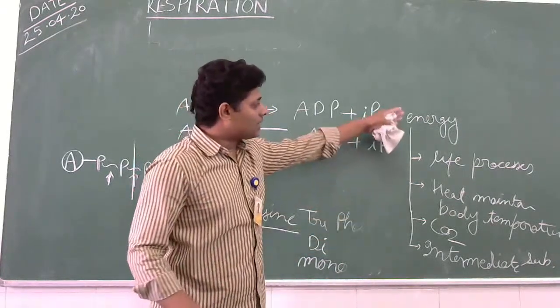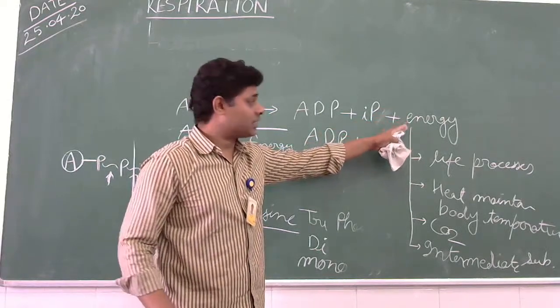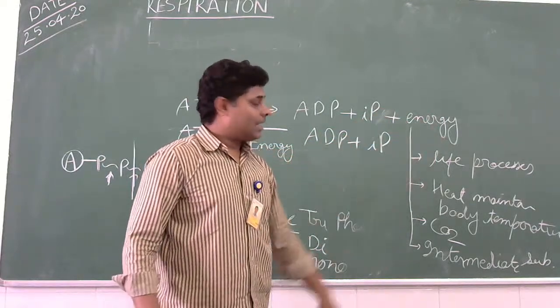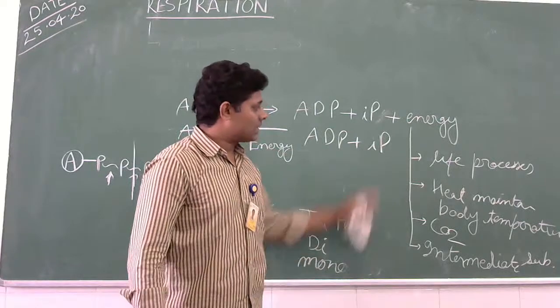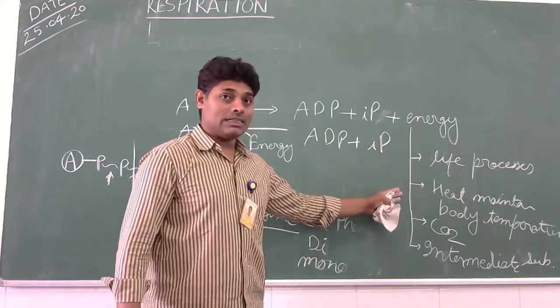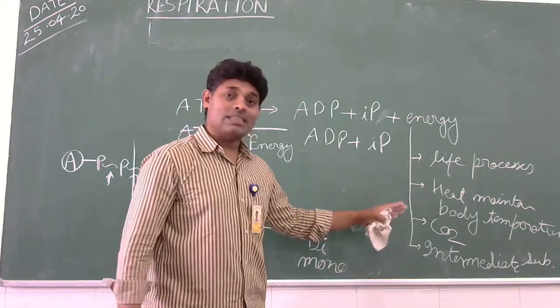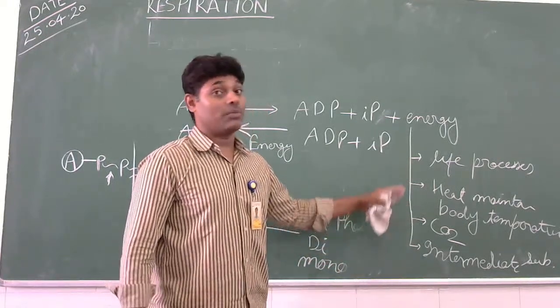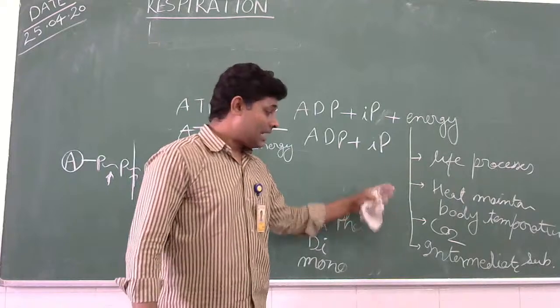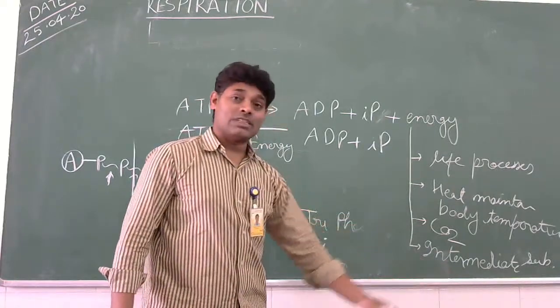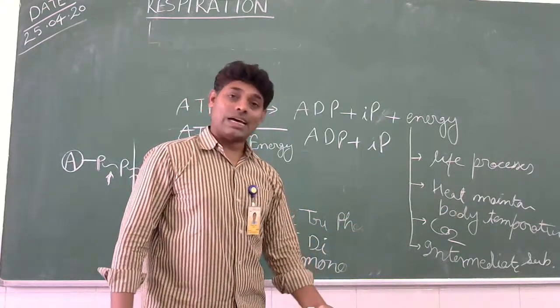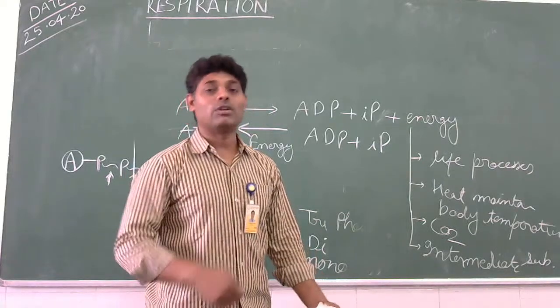So there are the importance of the respiration: energy release for the different life processes, some energy converted into the heat form which maintains the body temperature, release of the carbon dioxide which is needed for the plants for the photosynthesis, and intermediate substances are formed which are necessary for different other metabolic processes.